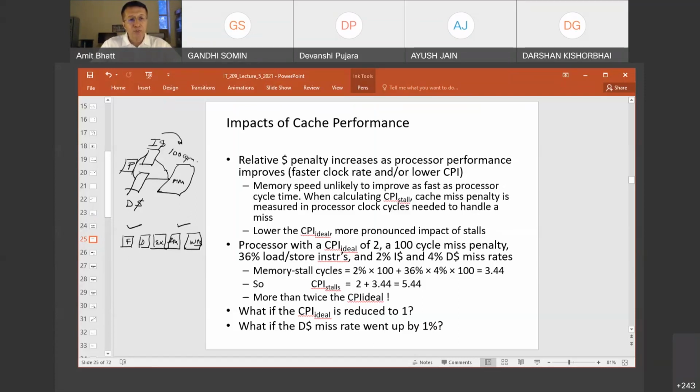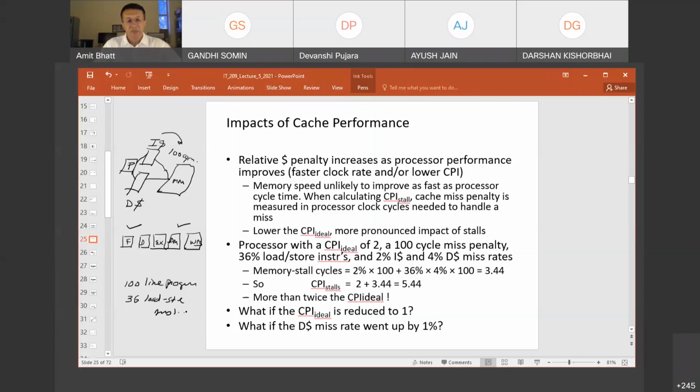Now, in this 4th stage, which 2 instructions can access data memory? It's only load and store. Anything else cannot use this. So only load and store will use data memory access. And how many loads and stores are there? They are given as 36%. So basically, if I have a 100-line program, I have 36 load store instructions.